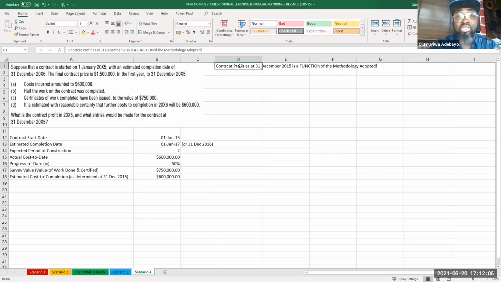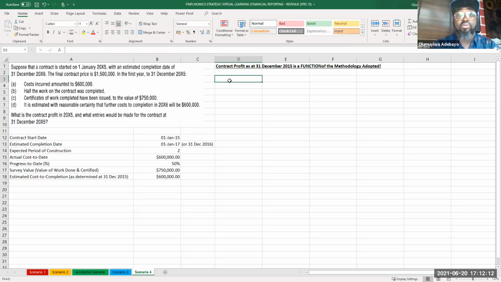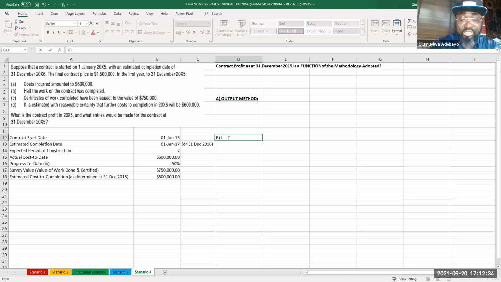We are going to look at the methodology one by one. What are the methodologies? A, the output method. B, the input method.